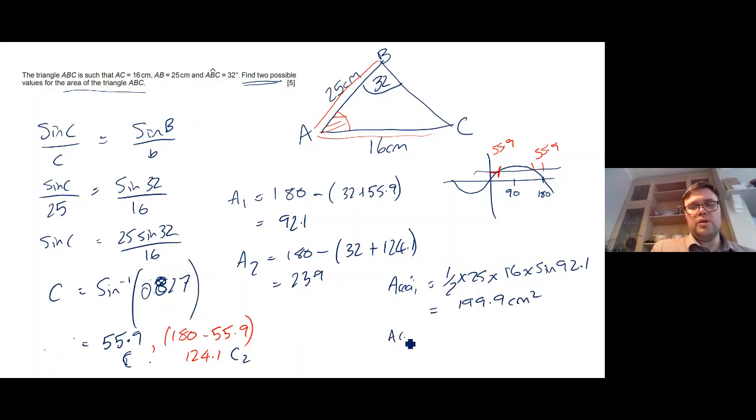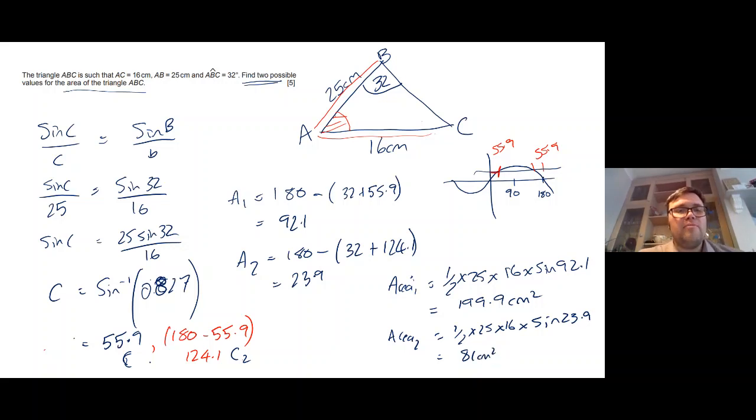Our area 2, using the second angle, would be a half times 25 times 16 times sine of 23.9, which would give us an area of 81 centimeters squared.